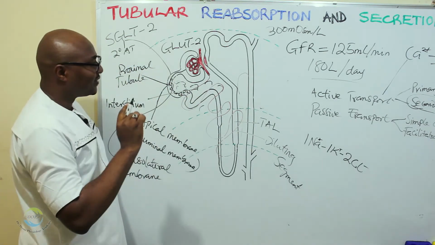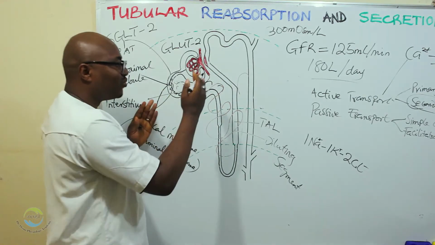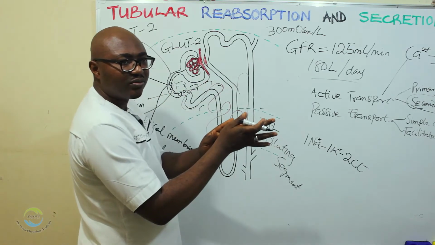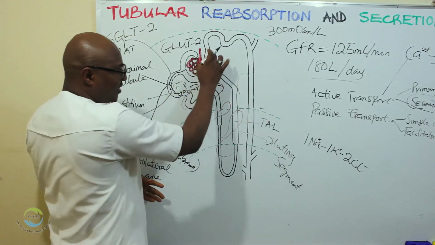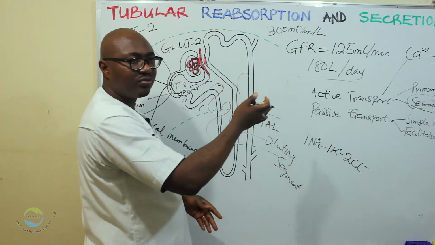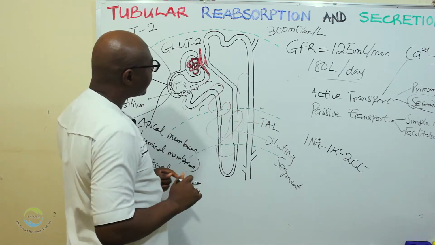But the only difference in this early part, when I'm talking about the distal tubule, we usually talk about early distal tubule and late distal tubule. Early distal tubule has similarities with the thick ascending limb. Late distal tubule has similarities with the collecting duct and all of that, okay?